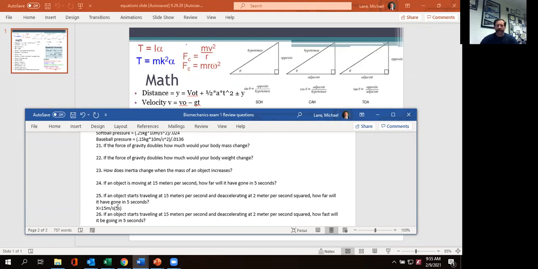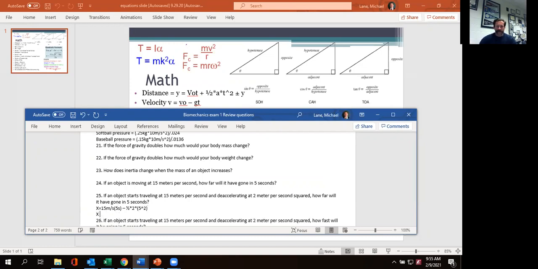Now, notice we've got a plus, but we know our acceleration, it says decelerating, so it's going to be negative, okay? 1/2 times 2 times, we'll put that in parentheses so you can see it, 5 to the second power.